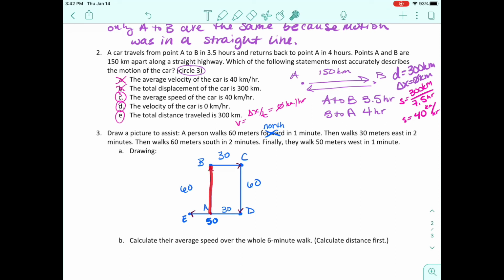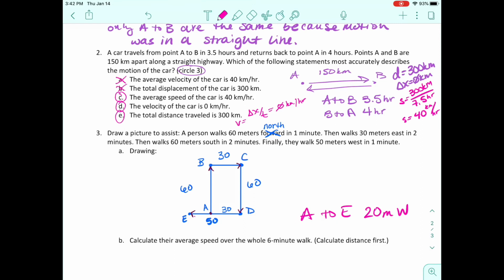So if you look, we went 60 north and 60 south, so those cancel. We went 30 east, but we went 50 west. Okay, so 30 and 30 cancel, but we went 50, right? So this additional walk, the additional part of our journey, okay, from A to E is going to be 20 meters to the west, or 20 meters to the right, or I'm sorry, to the left.